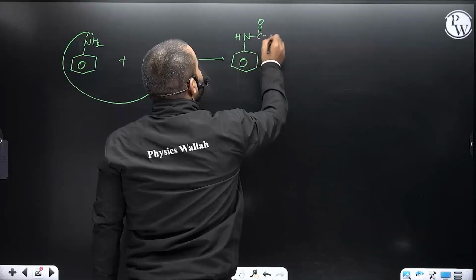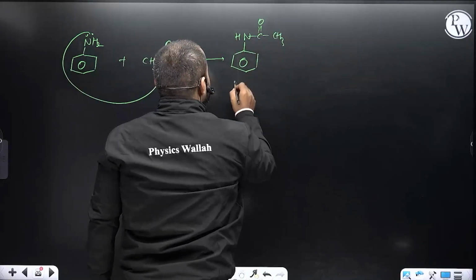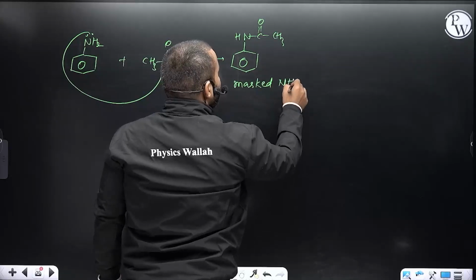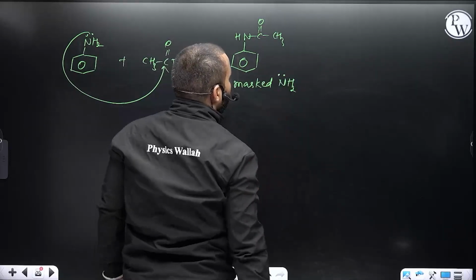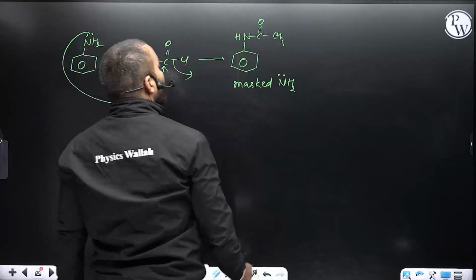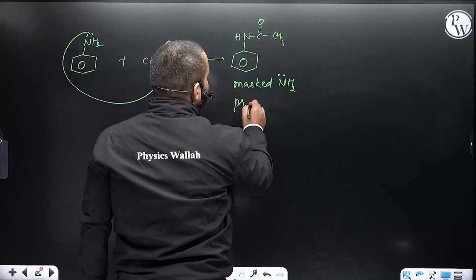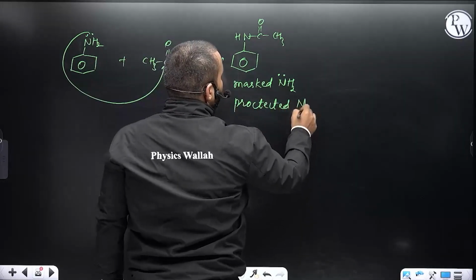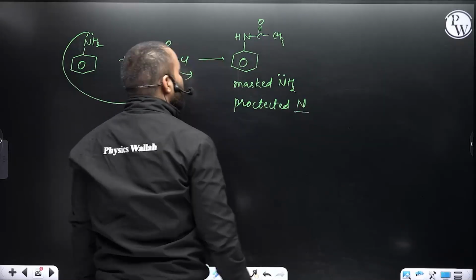What is the meaning of masking? This is the masking agent. This is masked NH2. The pair of electrons on nitrogen is masked here. What is the meaning of protected nitrogen or masked nitrogen?